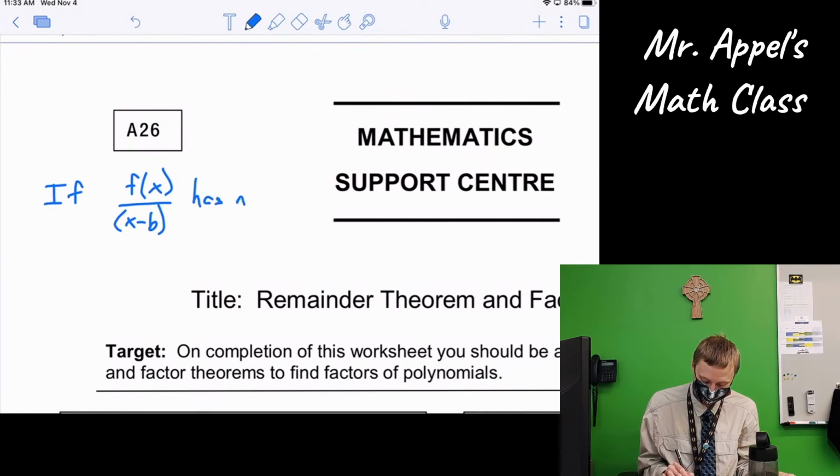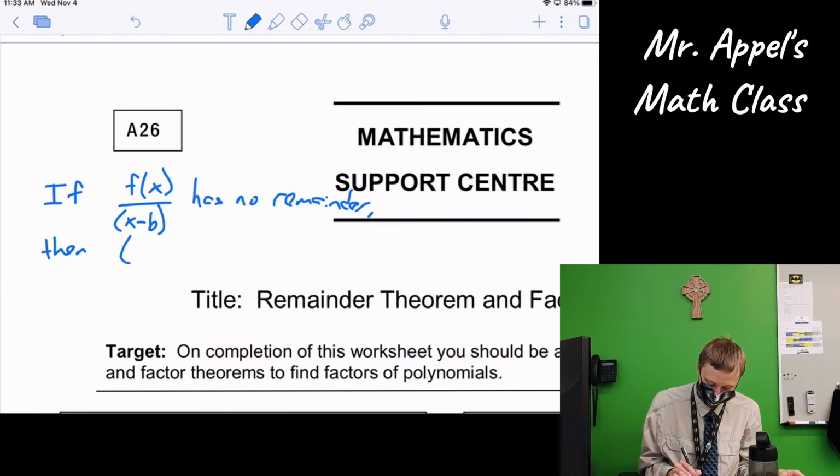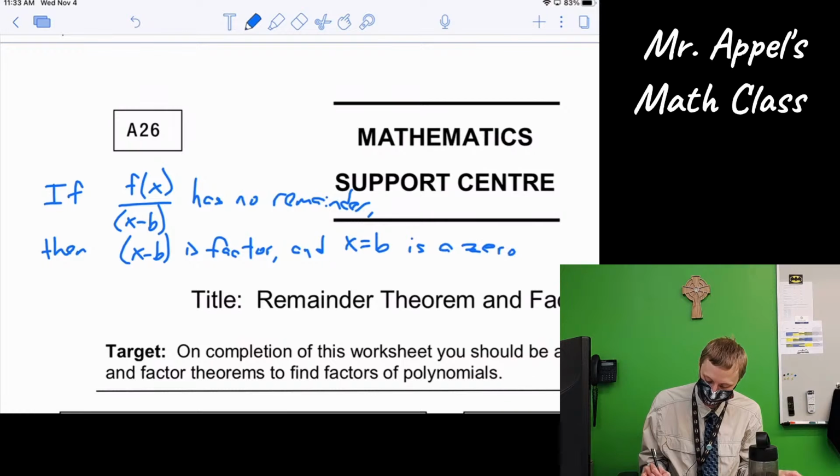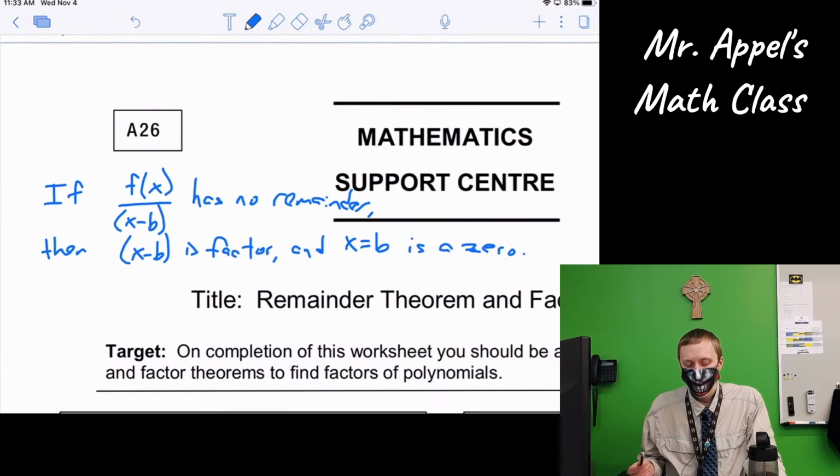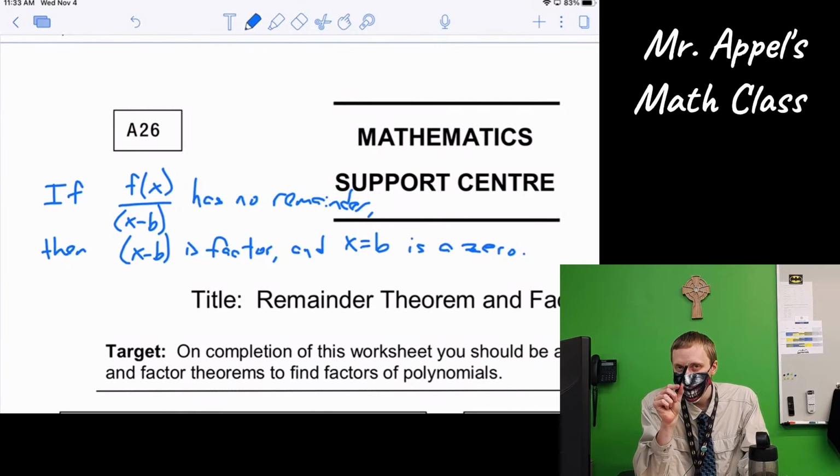If the division has no remainder, then this was a factor, and thus b is a 0. So we can actually use that.